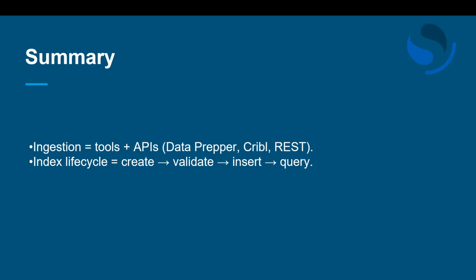For the tools we can use, in a huge environment with a high structure architecture, we use Data Prepper, we can use Cribl, or other REST APIs to insert the logs. Another way, as I mentioned, is dev tools. You can also use Python scripts and so on. For the index lifecycle, we have created the index, validated it, inserted some logs, and seen how to query the data.